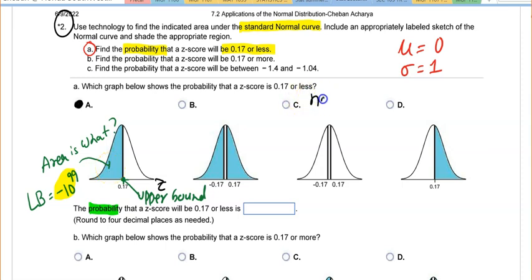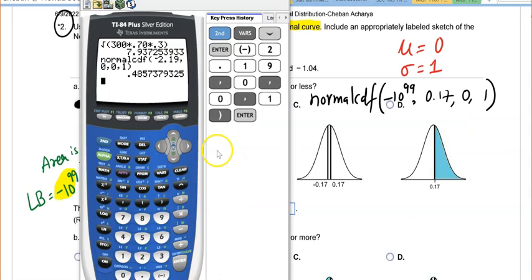What are you going to put? Normal CDF. Then you put the lower bound, negative 10 to the power 99, comma, upper bound. Remember that 0.17 is the upper bound for this area. 0.17, what's the mean? 0, standard deviation 1. Put that in the calculator and let's see what you get.